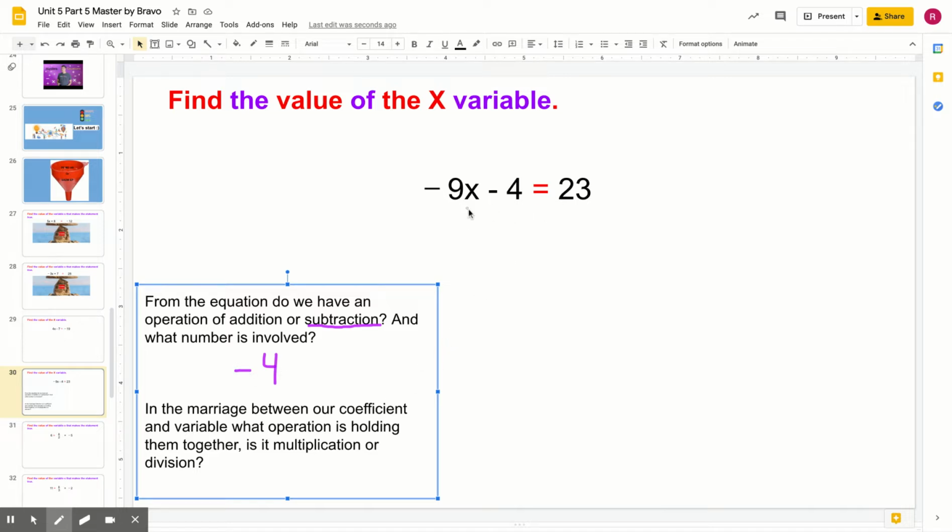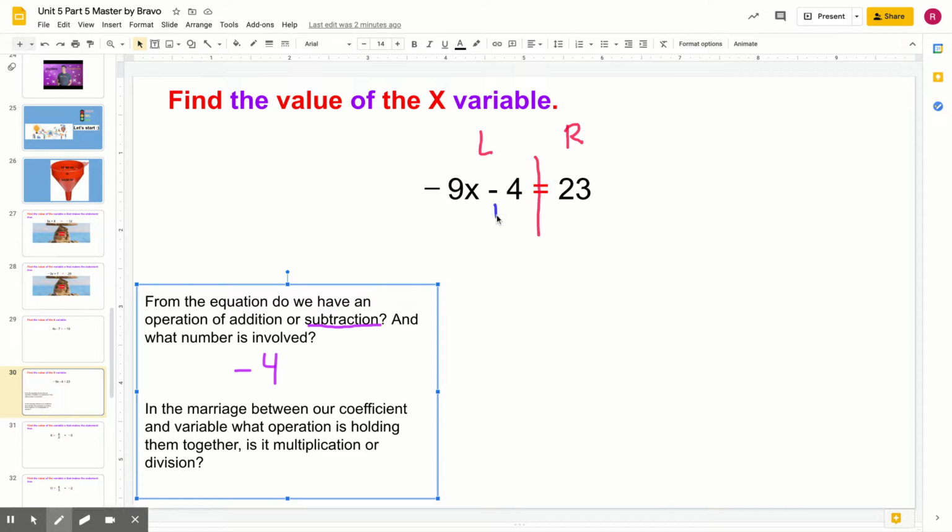Once again, our objective is to organize this equation. So we want to move the number 4 right away over to the side with numbers. I'm going to cut this in half so that we have a left side and a right side. I'm going to move my 4 over to the 23, but the way I'm going to move it is by doing the opposite operation of what's happening to 4.